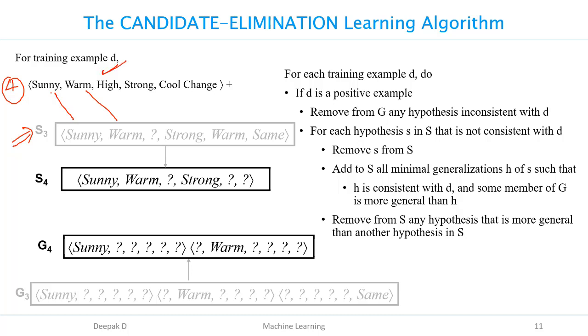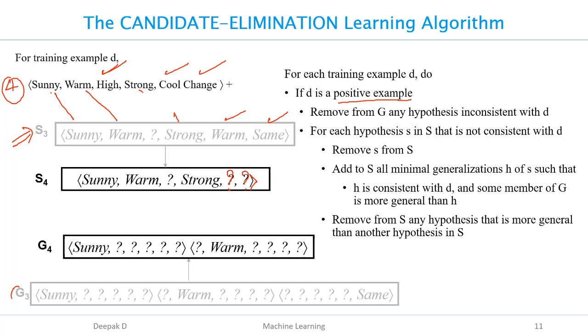Here strong is acceptable. Here cool, warm, so question mark, it is updated. Here change, and it is updated with the any-value-is-acceptable constant. So it is similar to your Find-S algorithm, when you have the positive example.